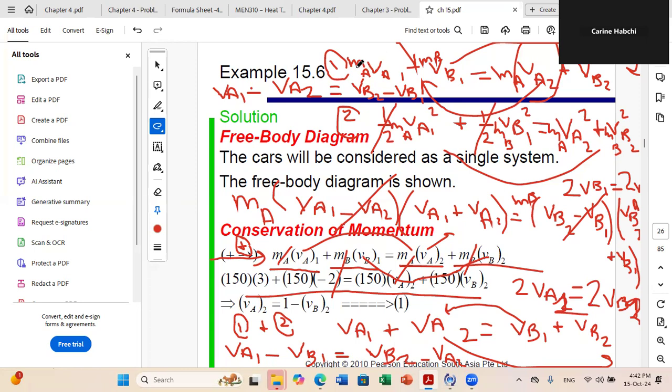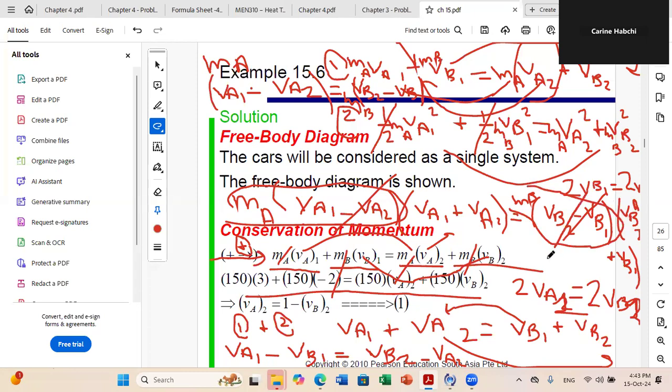Now, if you go back to the linear momentum analysis, if I take this term to this side, what do I get? I get MA times VA1 minus VA2 equals MB times VB2 minus VB1.